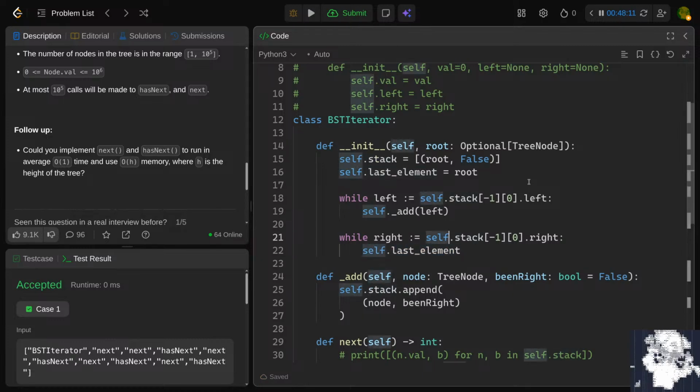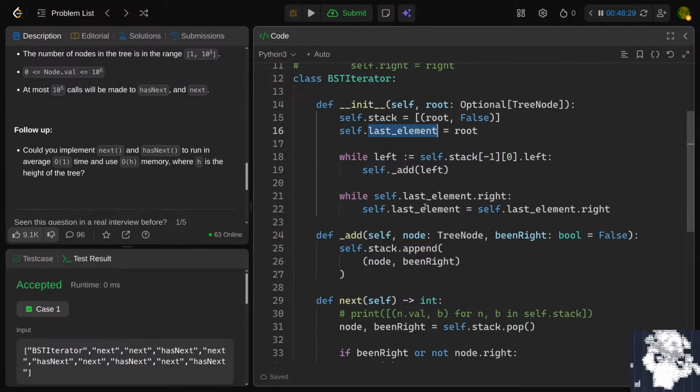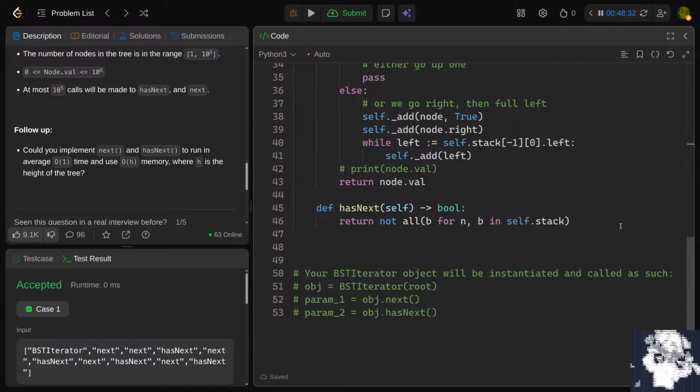While self.last element has a right, then keep changing it. Then over here I can just say return self.stack of -1 equals self.last element.